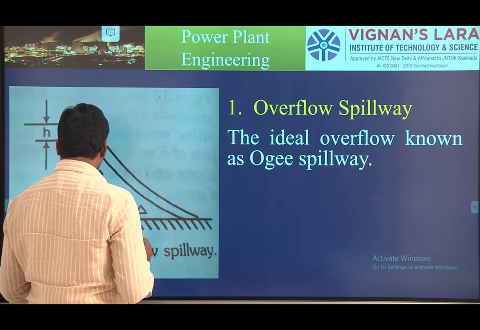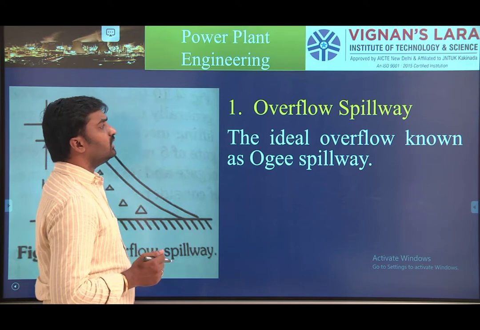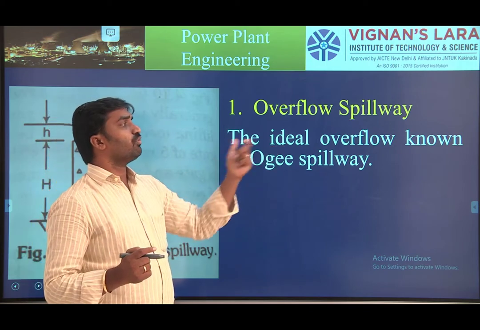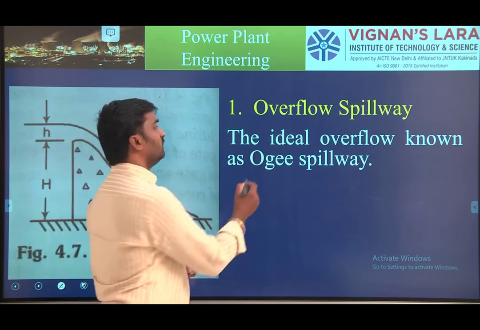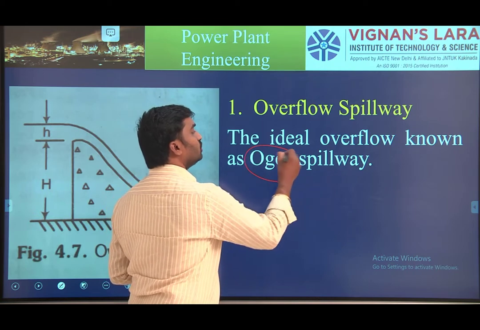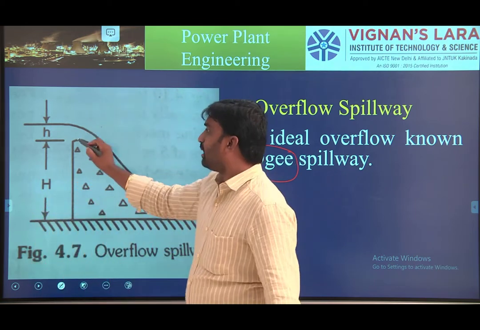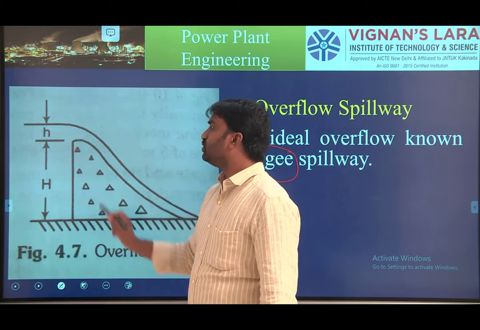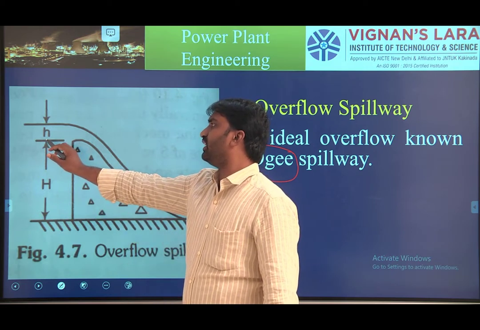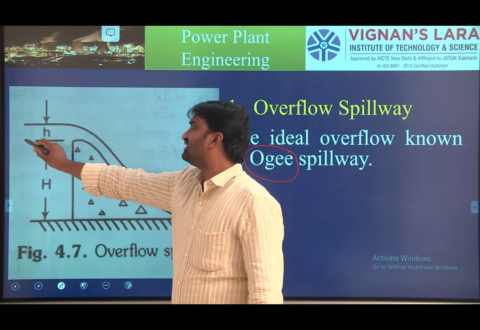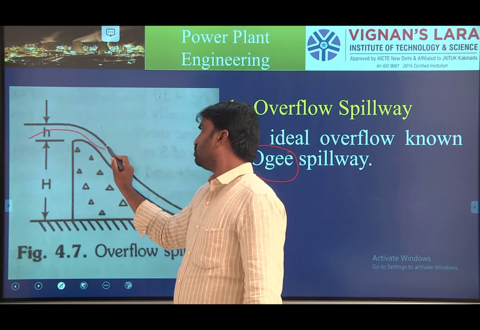In the overflow spillway, the ideal overflow is known as the Ogee spillway. In this image, this is a dam construction of height h. When the water reaches the height h, the excess water flows through like this.